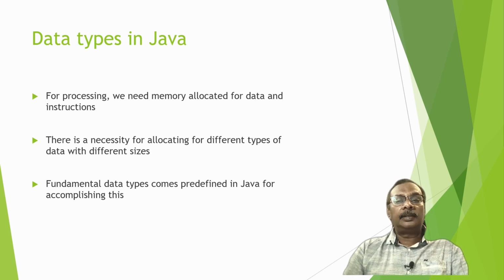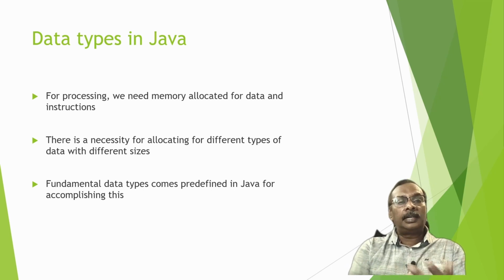So for that, we need to define the types of memory that we are defining so that we can store appropriate data in it. Based on this necessity, Java comes with a predefined set of data types that will help us accomplish the memory allocation with ease. Right, so let us see what the types are.